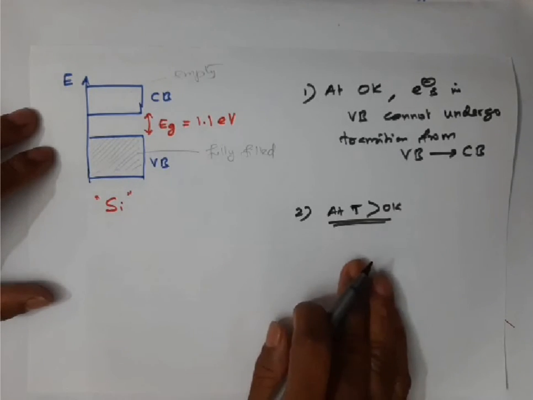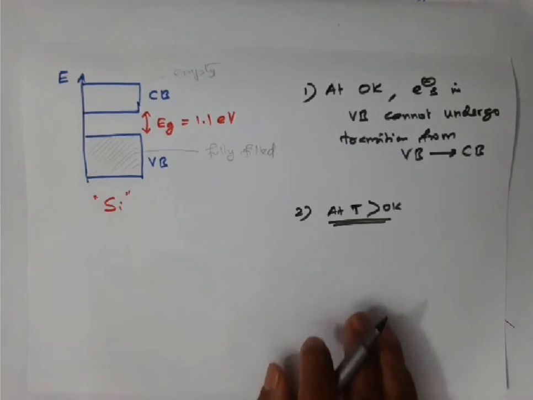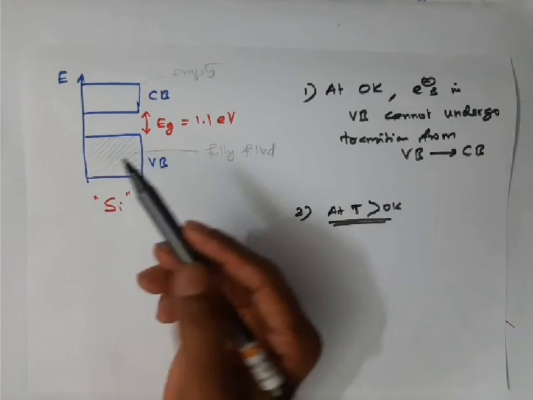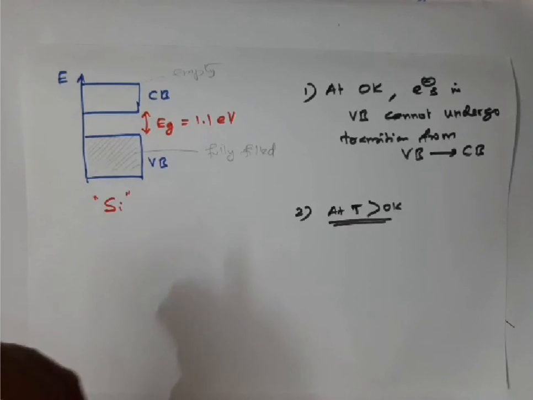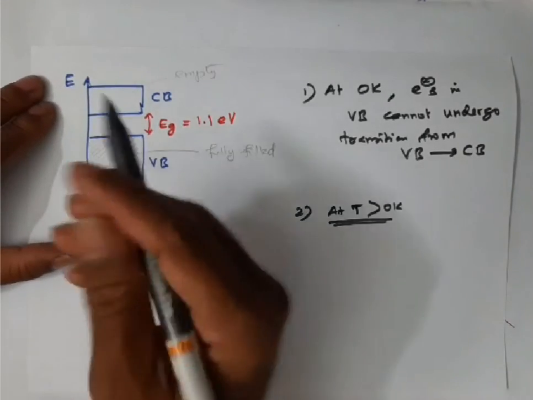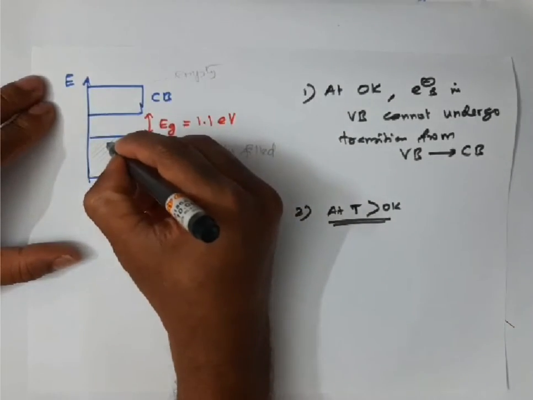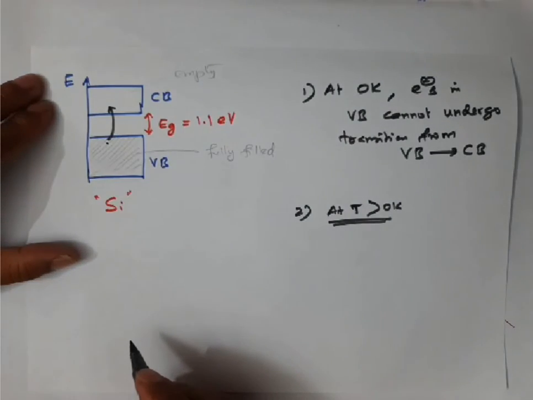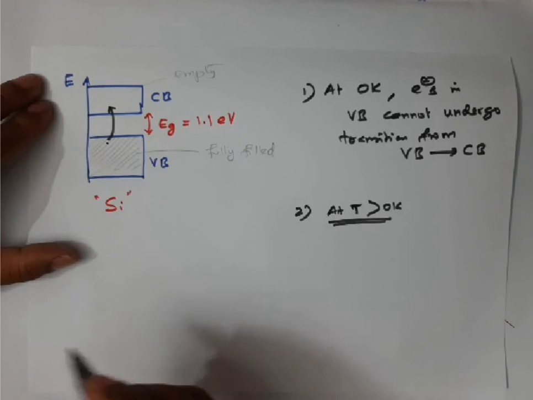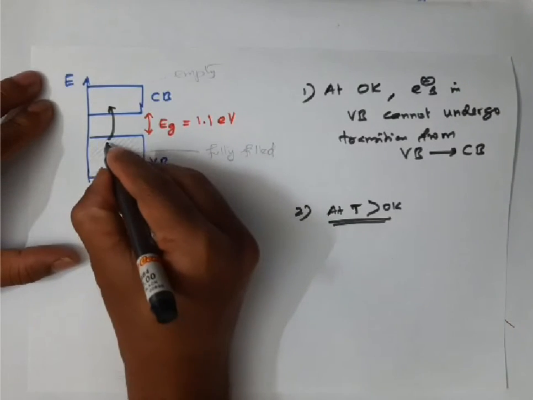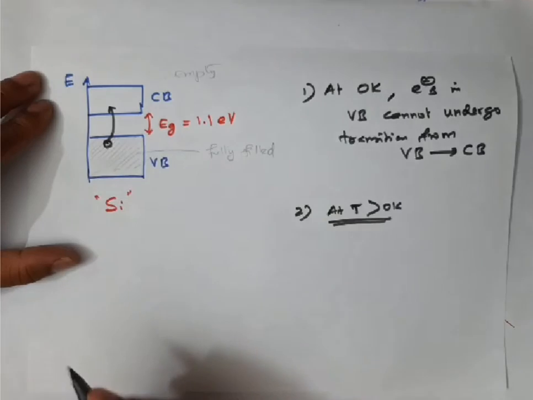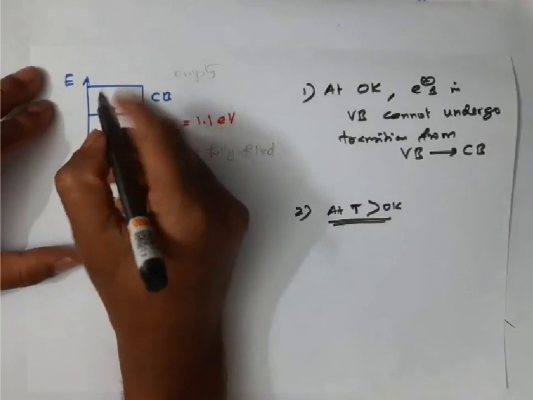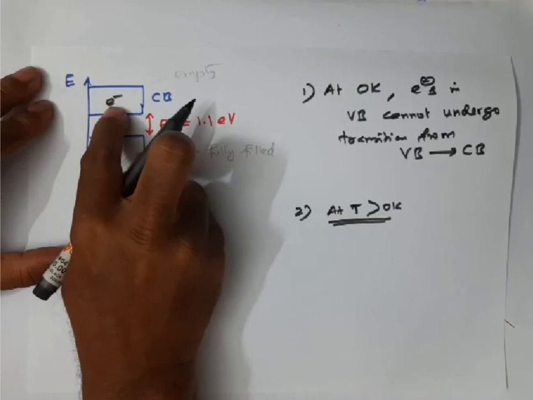what will happen at room temperature? Listen, the electrons present in the valence band get sufficient thermal energy and jump to the conduction band. When they jump, the place where the electron was becomes positive, and the electron that enters the conduction band carries negative charge.